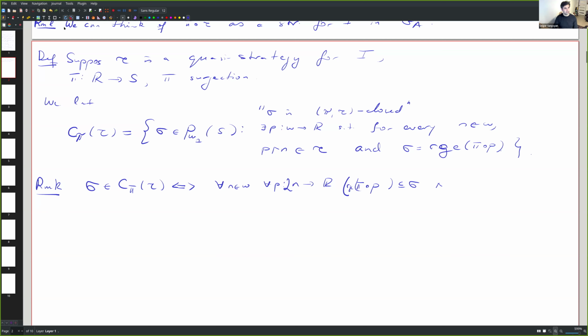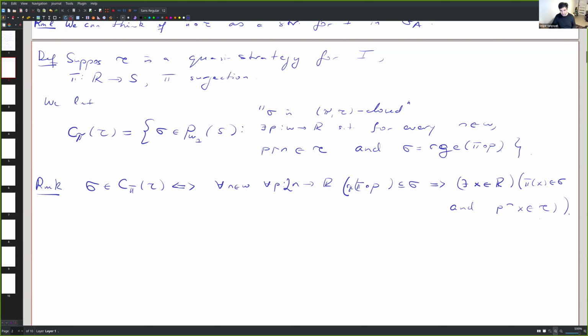If you have that property, this implies that there is some x in sigma, a real, with the property that pi x belongs to sigma and P followed by x is in tau.